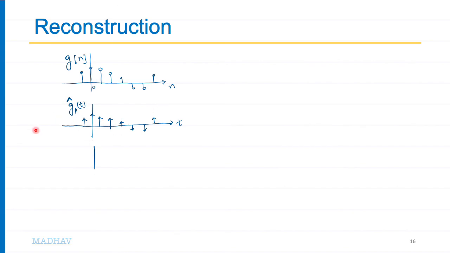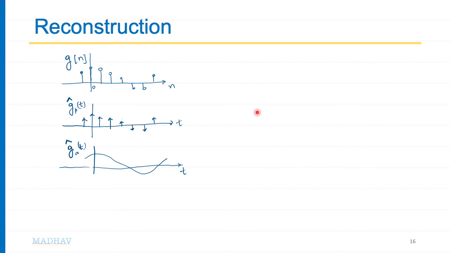And from here, if you do an interpolation, you can reconstruct g_a hat(t), the estimated original signal. You can compare it with the original signal and check whether there is some distortion or not. If you have followed good practices like the Nyquist rate and anti-aliasing, then you can control the distortion.